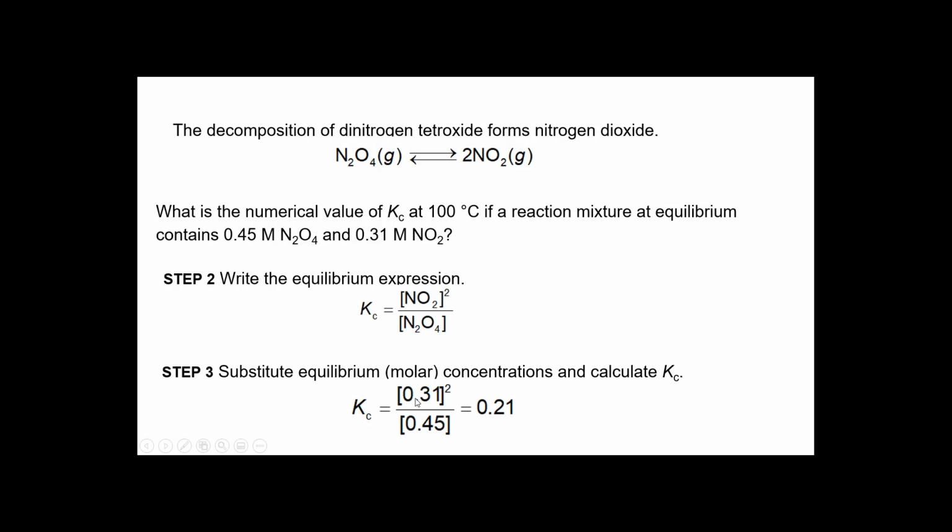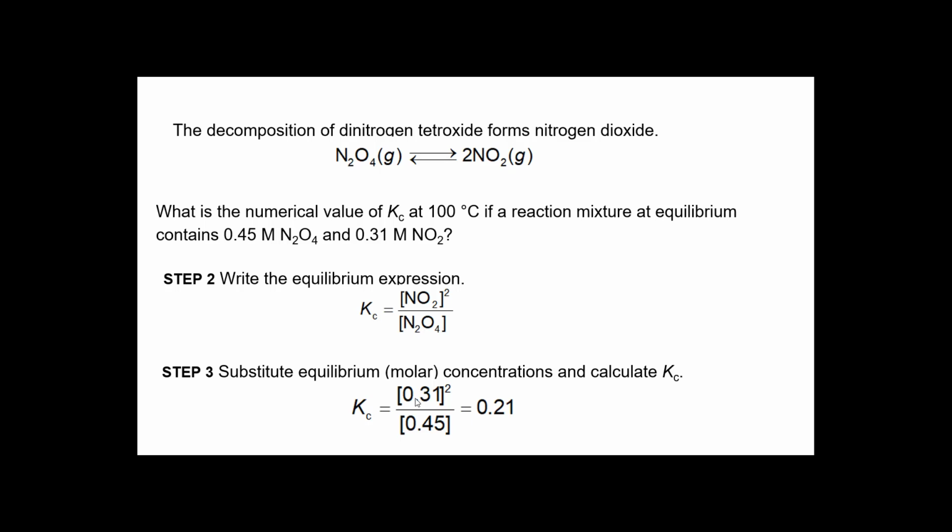Now, there's a few things you need to remember here. If you do not remember the coefficients, you will always mess this up. If you do not put the correct molarities or concentrations with the correct product and reactant, it is very easy to mess these simple equations up. So make sure you check and double check these things.